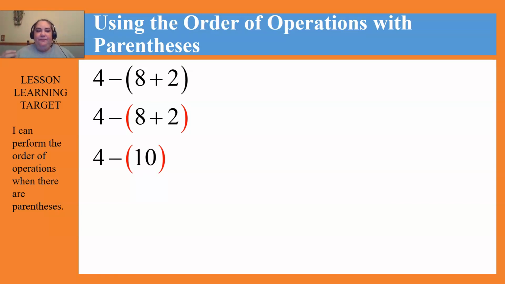Now again, I don't have anything else to group, so I don't really need those grouping symbols anymore. So this problem just turns into 4 minus 10, which is negative 6. So that is the end of the screencast where you have learned how to do the order of operations when there are parentheses.